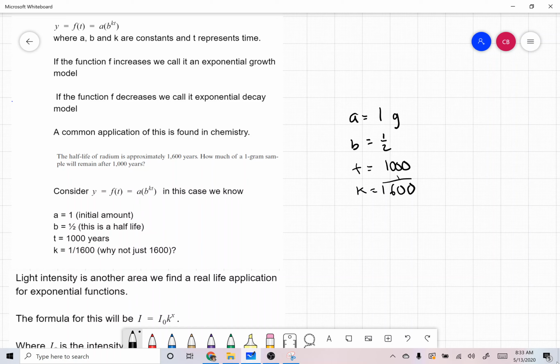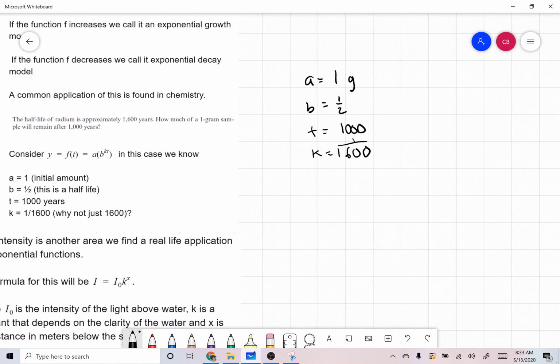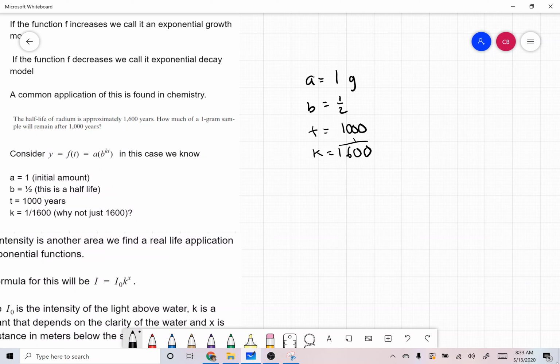So let's think about that. When I used to do this in high school and taught myself how to do it, I used to think of it like this. If no time has passed, you're still at 1 gram. These are the grams, this is the time. If 1,600 years passed, then half of that 1 gram exists, so this is half a gram.